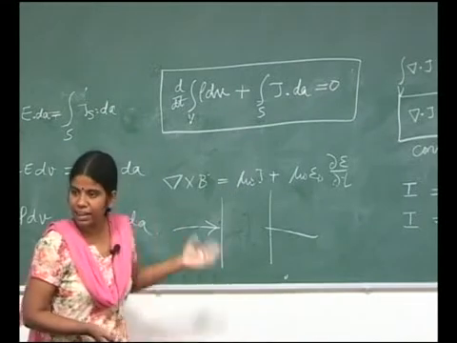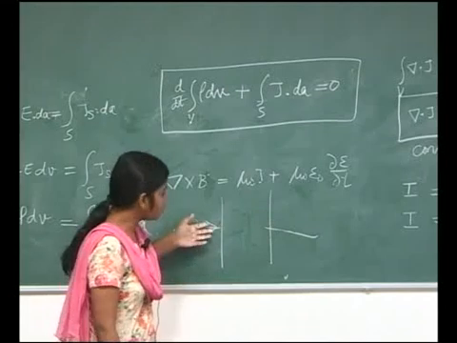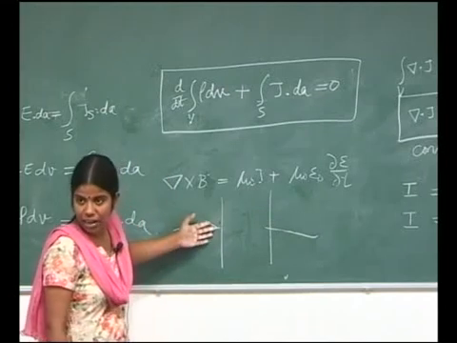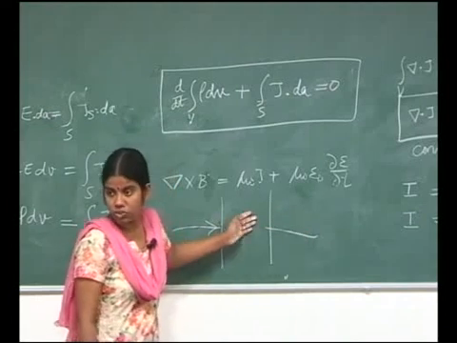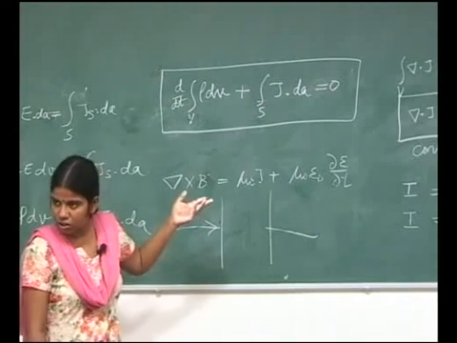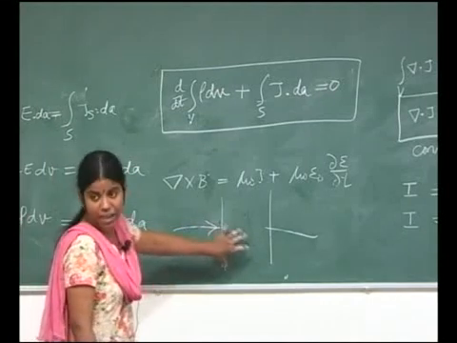So, current can neither enter nor come out. So, it means although there is charge, I know current is going in, and if no current is coming out, it means all the charge is destroyed. So, the basic premise of the fact that charge can neither be created nor be destroyed is violated.